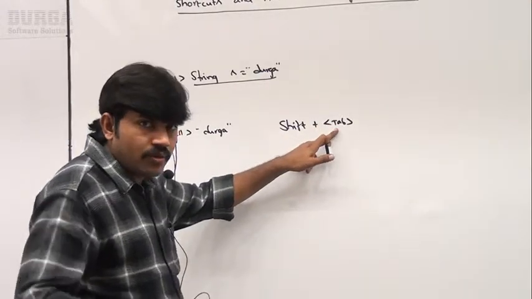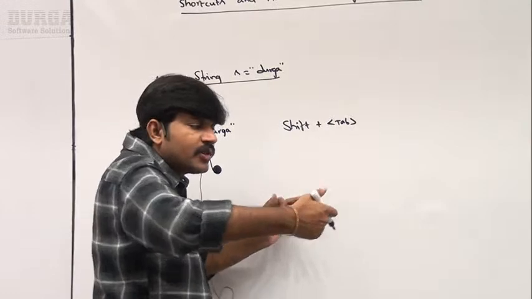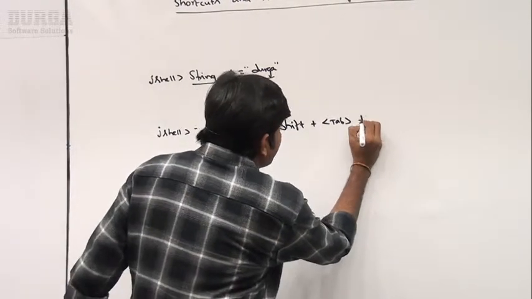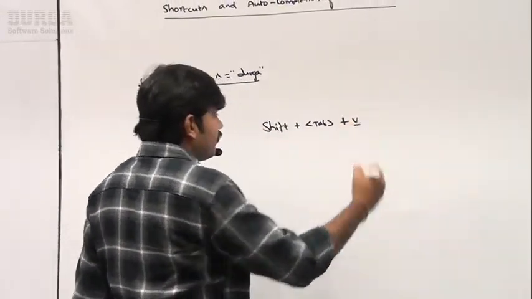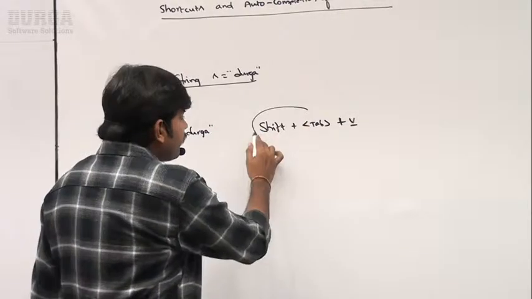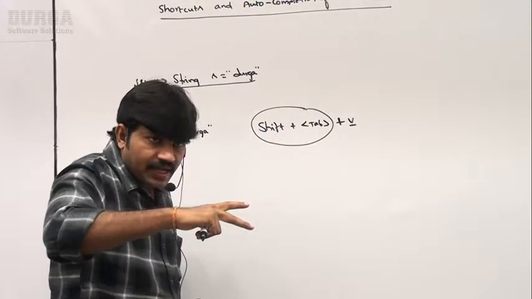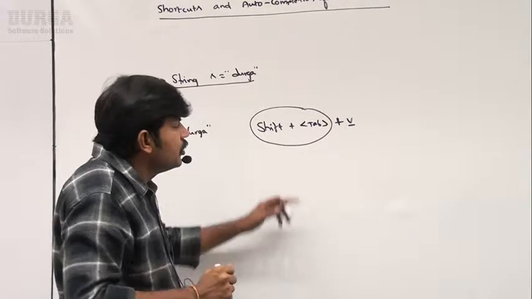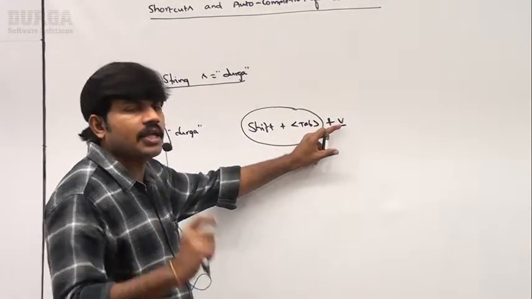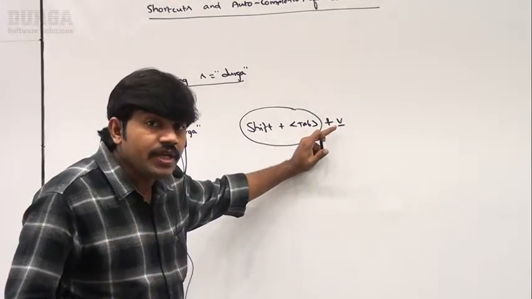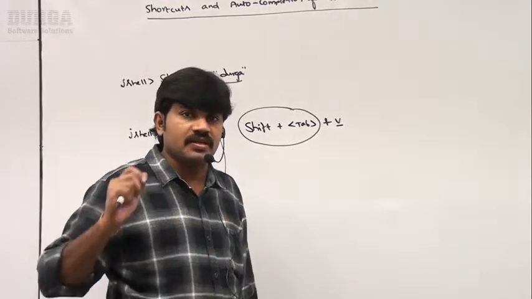Press these two together, release, and after releasing, immediately type V. First Shift+Tab, release, immediately type V. So V is for variable creation, remember that.